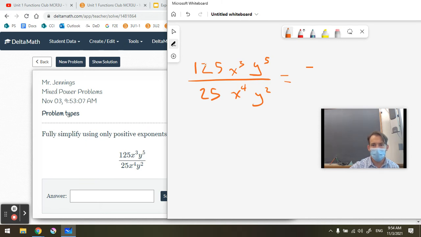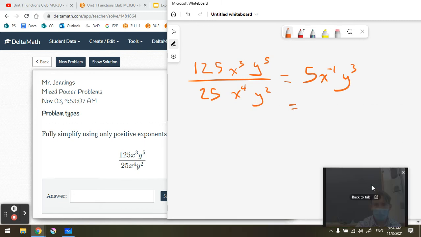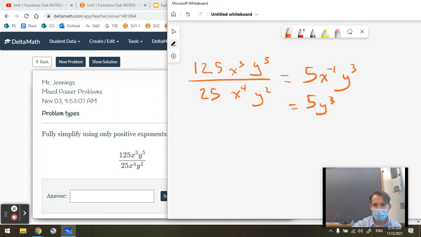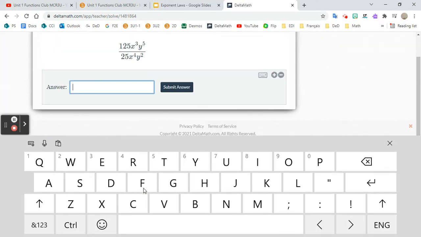So that's equal to 5, the product of this, x to the 3 minus 4, x to the minus 1, y to the 3. Okay, this is equal to 5y3, as Siraj said, over x, because that x to the negative 1 just puts it on the bottom of the fraction. Cool. So go ahead and put that in.